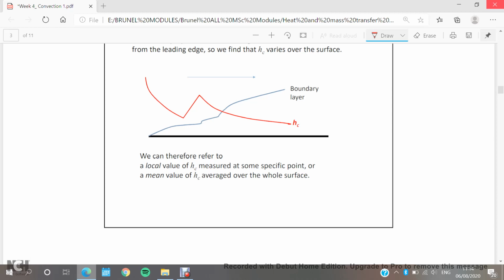Look here, in the beginning of this horizontal surface, the thickness of the boundary layer will be much less than when we go in the direction of x, which means the heat transfer coefficient decreases as long as we go away from the starting point or the edge of the horizontal surface.